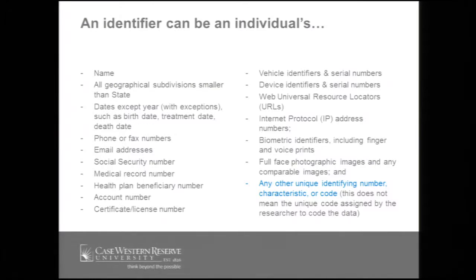So by definition, PHI identifies an individual. HIPAA lists 18 identifiers that potentially can call out a person, can identify someone. When an identifier, which are listed on the slide, is used in combination with an individual's health information, then the information is PHI.